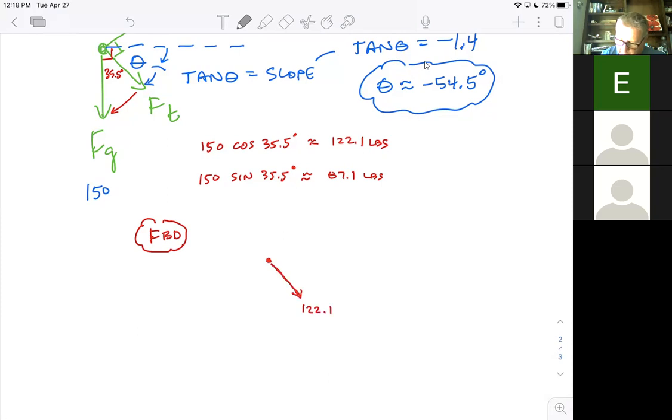And then I've got this force that's actually going into the hill, and that's the 87.1. So gravity has now been converted to the normal and tangential coordinate system. Are there any other forces on this? Is that the end of my free body diagram? Am I done?